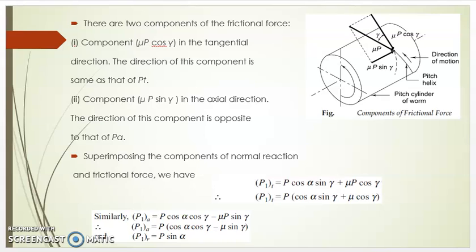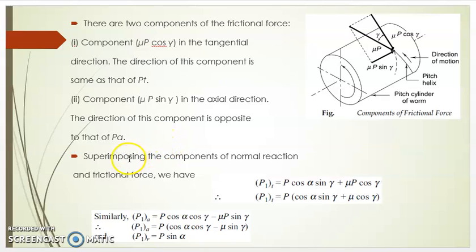Therefore, there are two components of the frictional force. First, the component mu P cos gamma is in the tangential direction. The direction of this component is the same as that of Pt. The component mu P sin gamma is in the axial direction. The direction of this component is opposite to that of Pa.